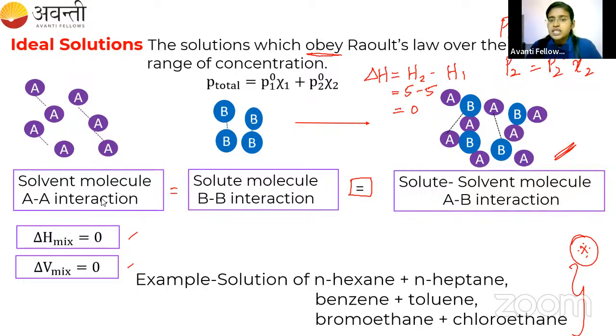These are the points you have to keep in mind for ideal solution. Is it clear for all of you? Shall I move on to the non-ideal solution? Do any of you have any doubts?